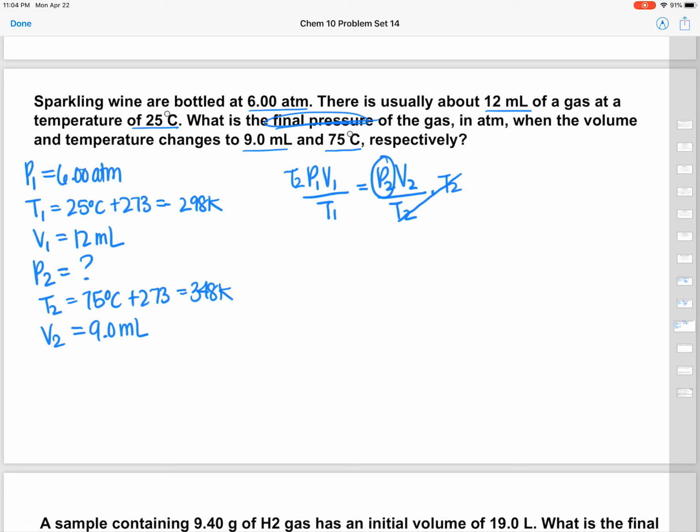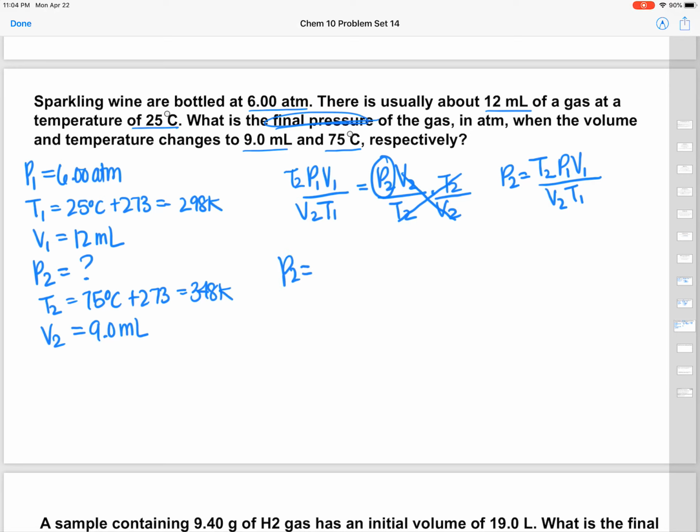We're going to do that same thing on this side, and then we can divide by V2 to get rid of this. Need to do the same thing on the other side. So our final formula is going to be P2 is equal to T2 times P1 times V1 over V2 times T1.